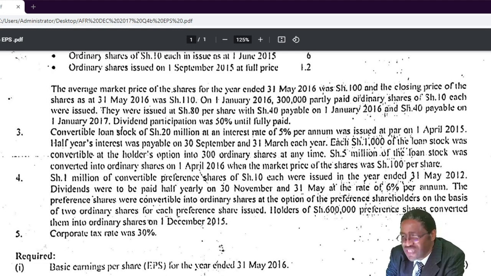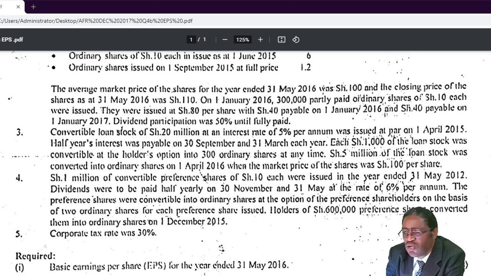Each shillings 1,000 of the loan stock was convertible at the holder's option into 300 ordinary shares at any time.